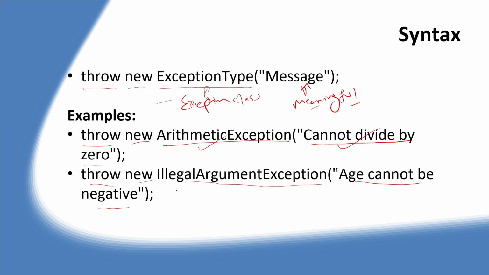If we are giving input age as negative, then we want to throw IllegalArgumentException. So you can provide a custom message, whatever message we are providing here. You can provide a custom message that explains the reason for which the exception is occurring.